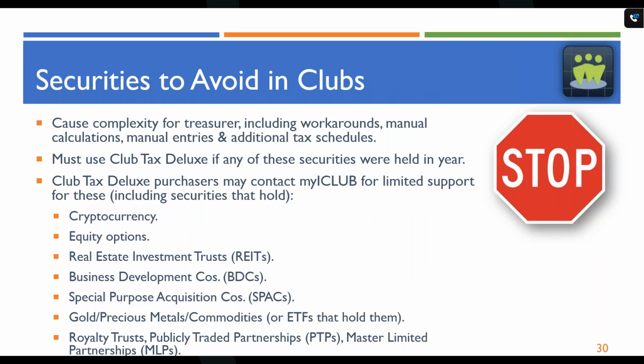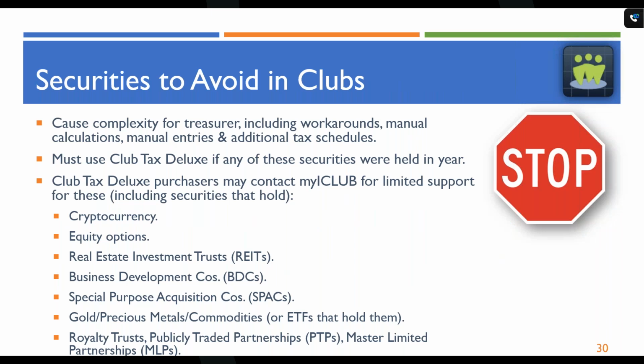figure out the nature of each distribution that was recorded as a dividend when it's not really completely a dividend. Business development companies, special purpose acquisition companies, gold, precious metals, anything that's considered a commodity, or ETFs that hold those commodities as their major asset.